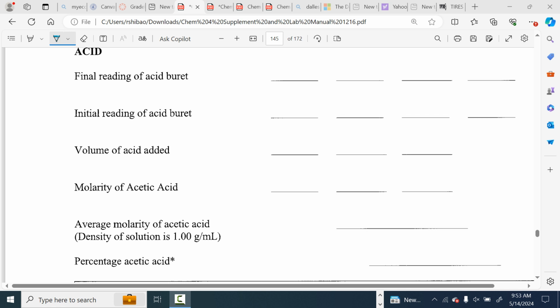And so we want to see the individual molarities here because normally when you're given an average, you aren't given a lot of information. Let's say the class average was 60, but what it doesn't tell you is the spread.